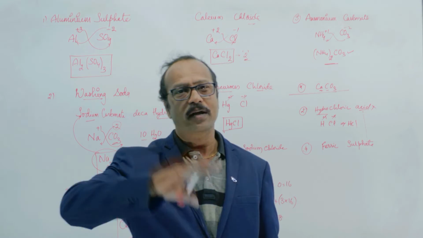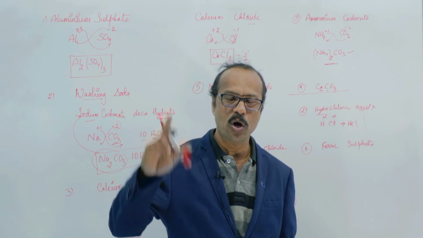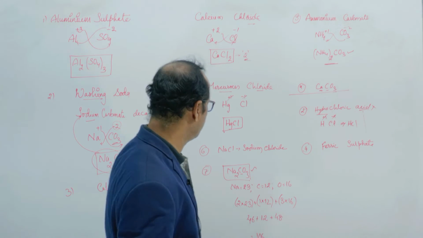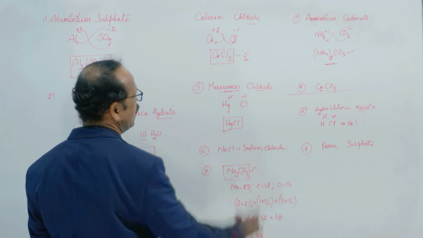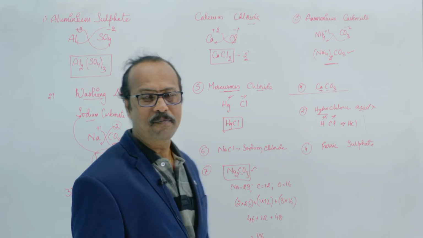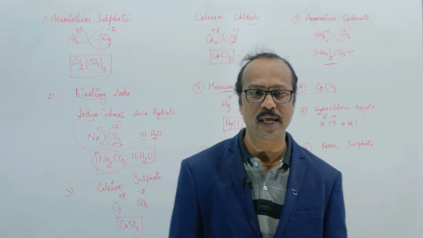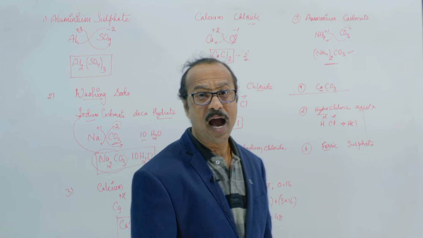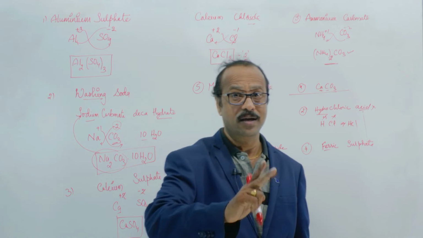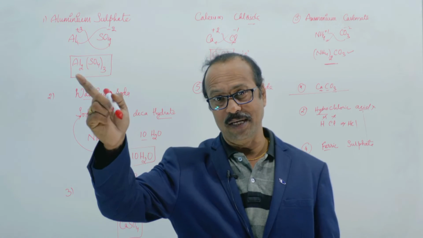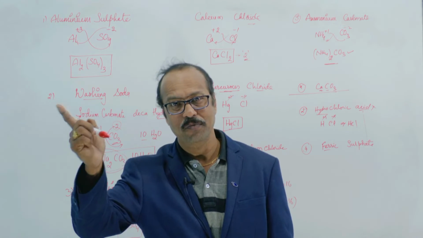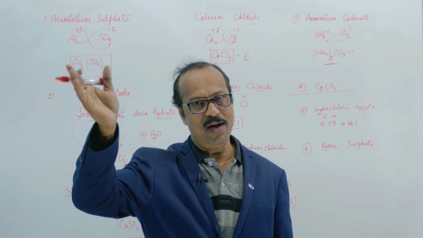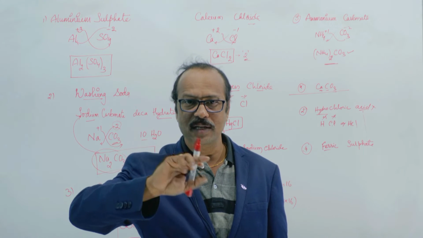Higher valency is called ik, lower valency is called ous, like mercurous. Ferric means ferrum, which is iron. Iron exhibits two valencies, 2 and 3. Ik means the higher valency, so the higher valency of iron is 3.